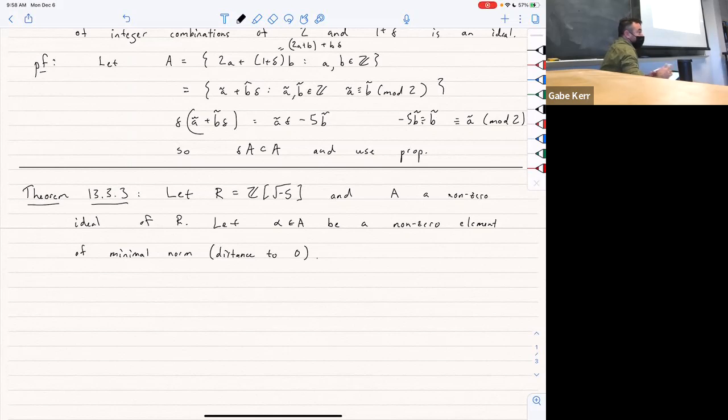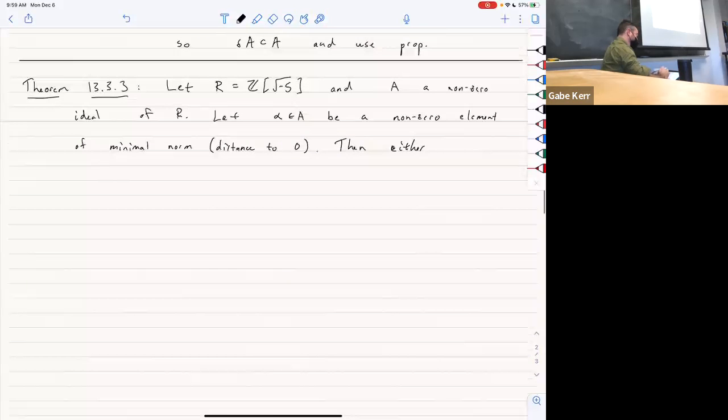Euclidean sense, right? In just the sense of distance of the plane. So then either one of two things happens. Either alpha and delta alpha are a basis, then A is actually the ideal generated by alpha.